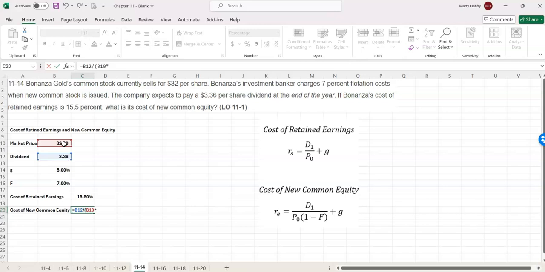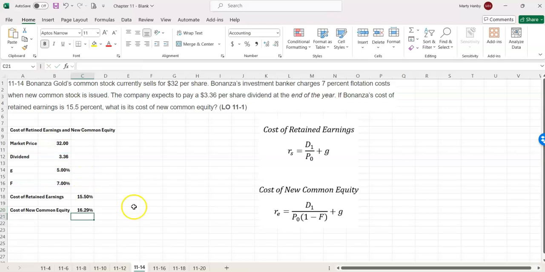We multiply that by 1 minus the flotation cost of 7%, and we close parentheses. So we need 2 there, and then we add the growth rate, and we get 16.29% as the cost of new common equity.